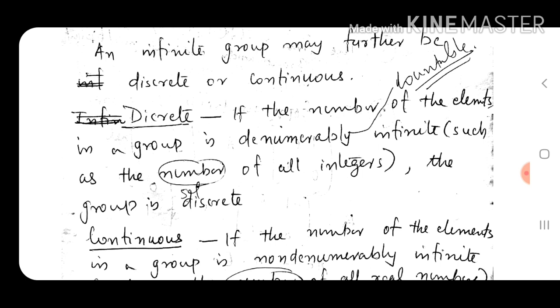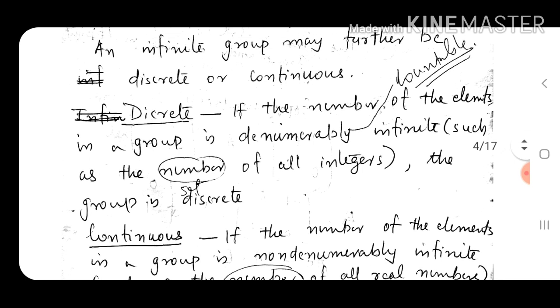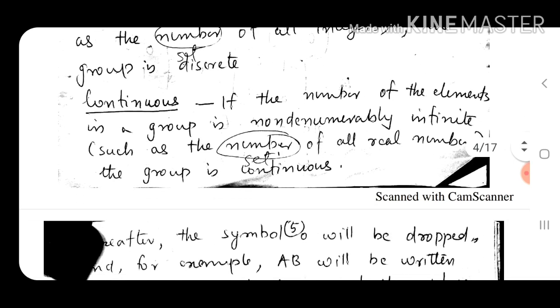For example, the first example that we saw, the set of all integers, is actually an infinite group because there are infinite number of elements in the group. But it is a discrete one, because you have 0, then 1, then 2, then 3, like that. So it is discrete.